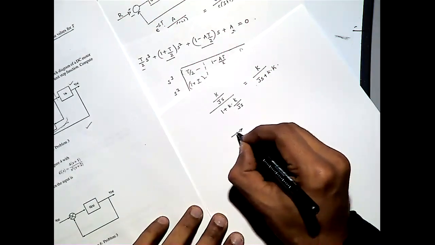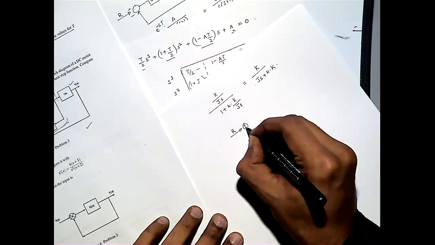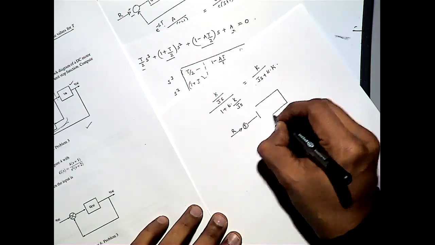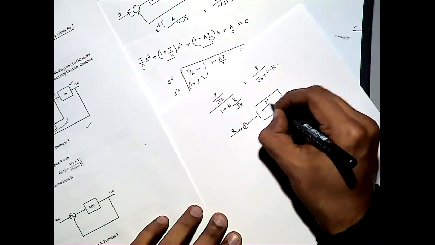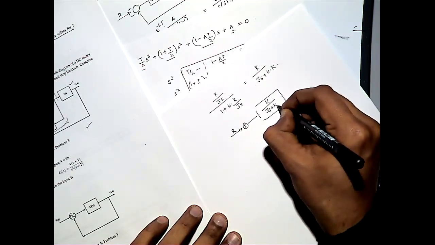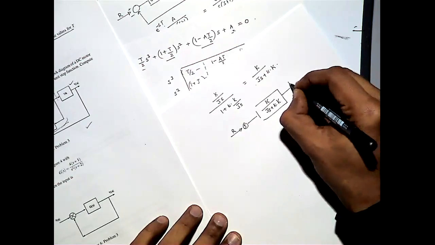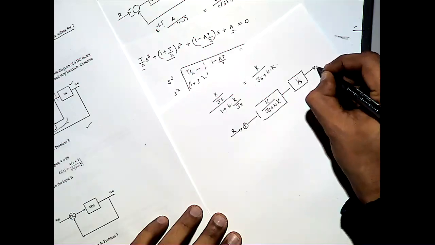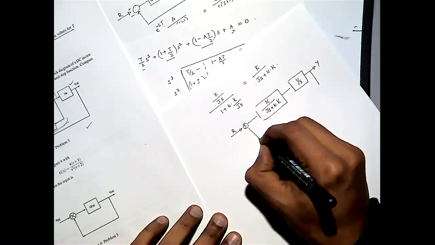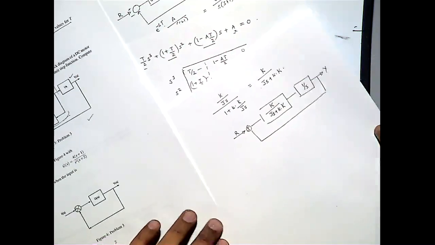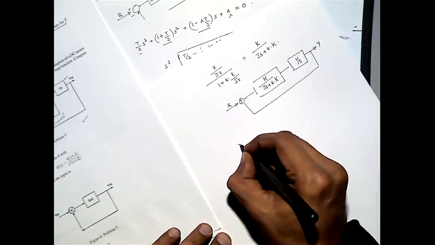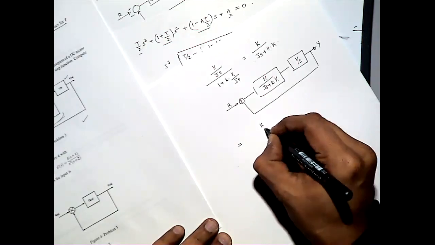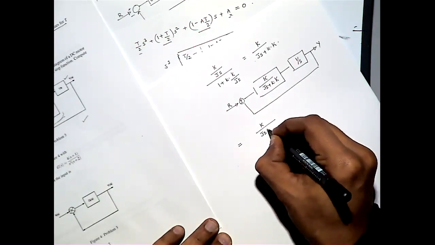So we have the input R, then this equivalent model, which will be capital K divided by Js plus small k times capital K. Then we have an integrator, the output, and the closed loop.